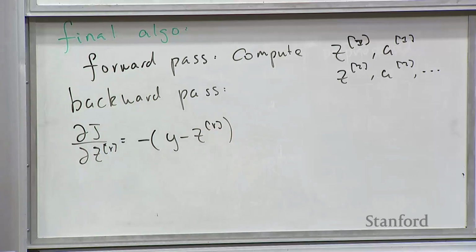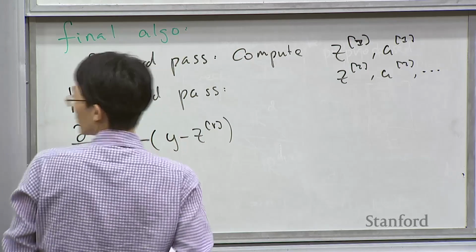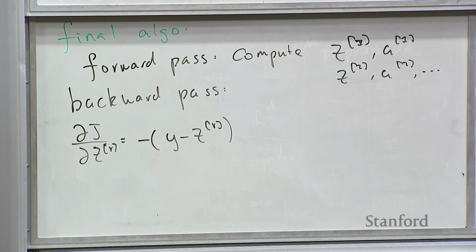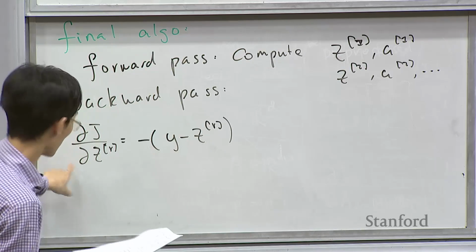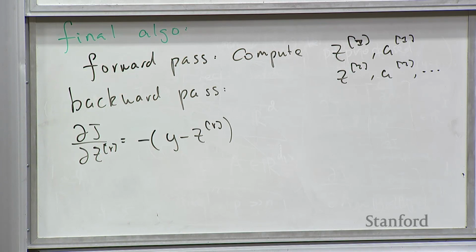Right. So this is our starting point. And now you recursively use both of these to get all of the dJ/dZ and dJ/dA. So you already have dJ/dZ_r, and then you can use that to compute the previous one using this, right?